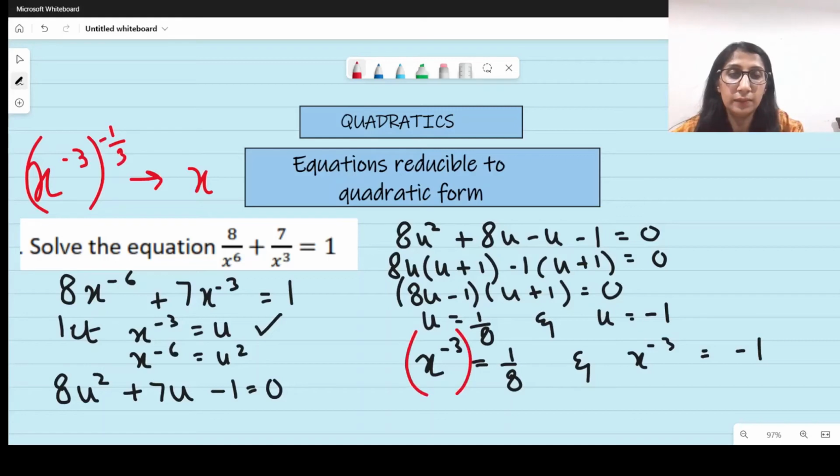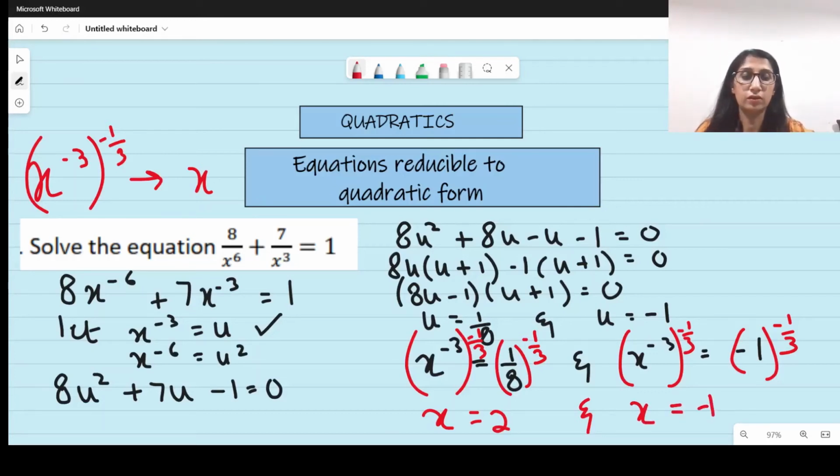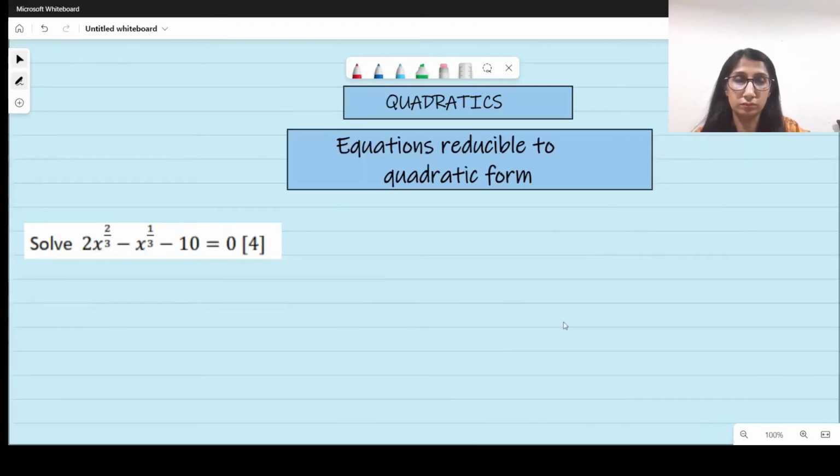So I'll multiply this with minus 1 over 3, and we'll also have to multiply this with power minus 1 over 3 as well. So this becomes x equals 1 over 8 power minus 1 over 3, which is, I believe, 2. Yes. So one answer is 2 and the other answer is x equals minus 1. So these are the answers for the equation.